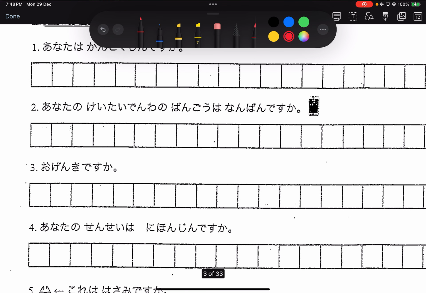Okay, number 2. あなたの携帯電話の番号は何ですか？ Very easy, just say numbers only. So I'll just say a number. Can I try? Yeah, you can try your phone number.